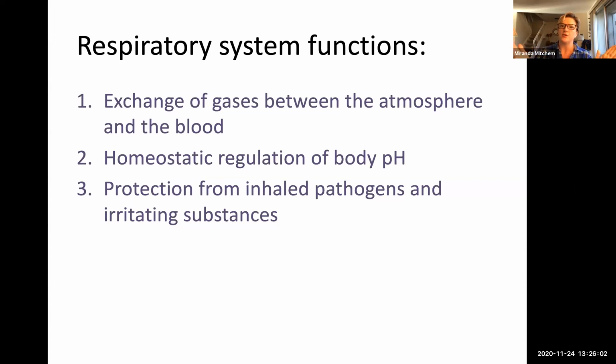And that helps to expel material that enters our lower respiratory tract. That is an example of a physical barrier of the immune system, but it sits within the respiratory system. And then also the ability to make sound is tied to the respiratory system. So these are the four main functions of the respiratory system.